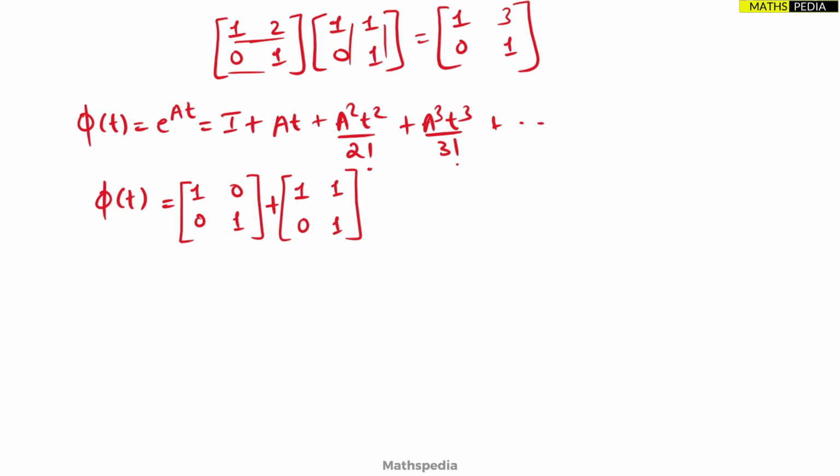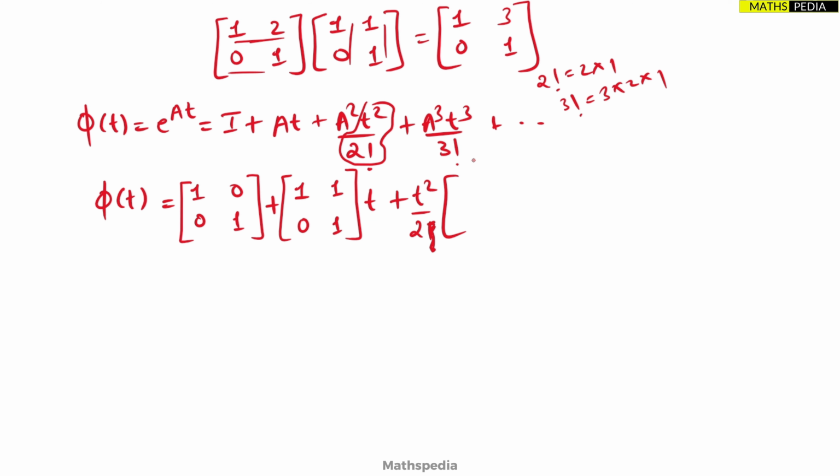You have to multiply with t, so write t here, plus now the A square t square divided by 2 factorial, take it outside. 2 factorial is basically 2 itself. I hope you know factorial: 2 factorial is 2 into 1, 3 factorial means 3 into 2 into 1. In descending order you multiply till it reaches 1.